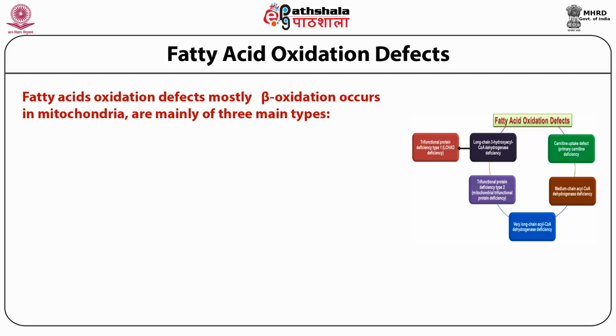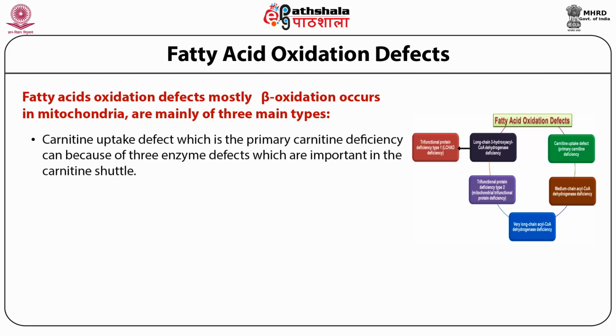The first type includes the carnitine uptake defect, which is the primary carnitine deficiency and occurs because of three enzyme defects which are important in the carnitine shuttle.